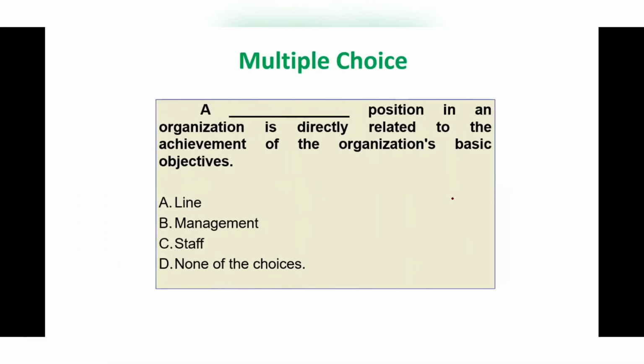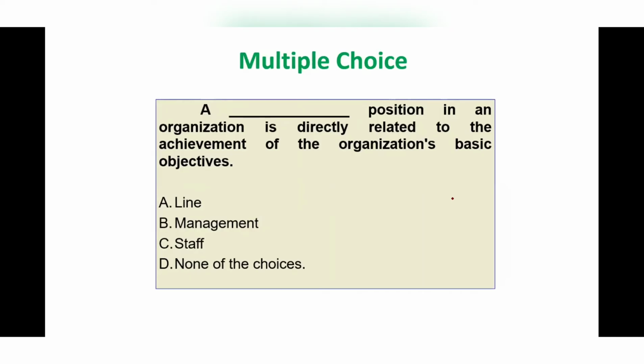Okay? Ayan. This is another topic, comparison of some positions. I'd like to know your answer. A blank position in an organization is directly related to the achievement of the organization's basic objectives. Is it line, management, staff, or none of the choices?